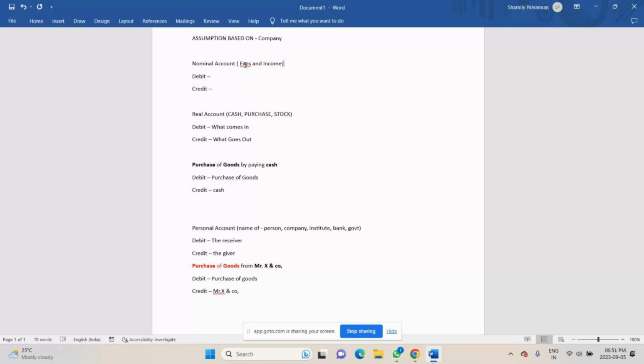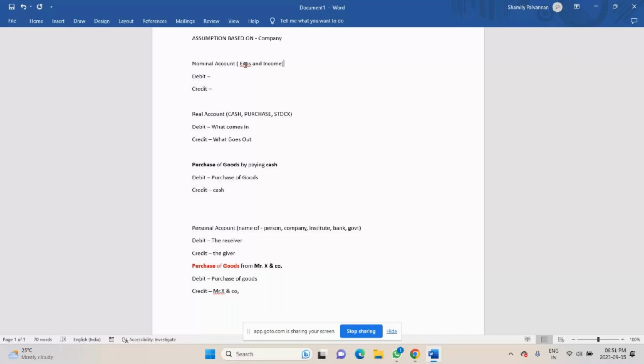Or whether you are earning a profit or loss, it can be some goods lost due to theft or a fire accident, or you are giving some services and gaining some money. So this kind of things.